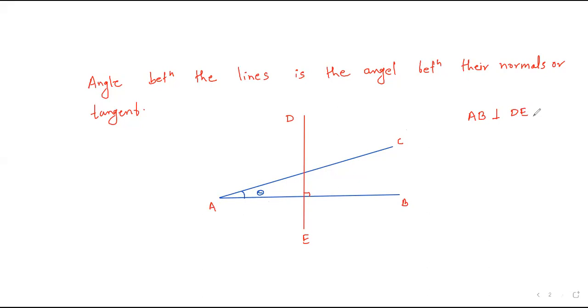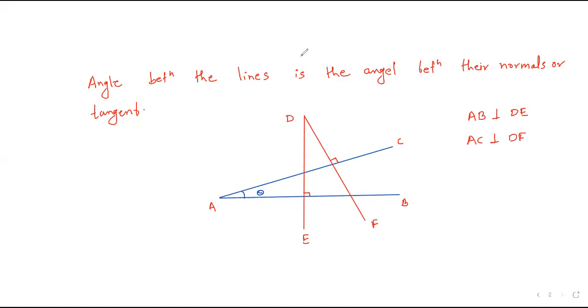Now if I draw one more line from point D, like this, and call this point F, again you can see this angle is 90 degrees. So AC is perpendicular to DF, or DF is perpendicular to AC.